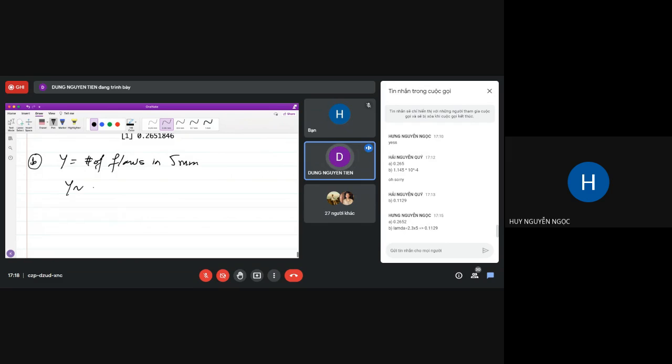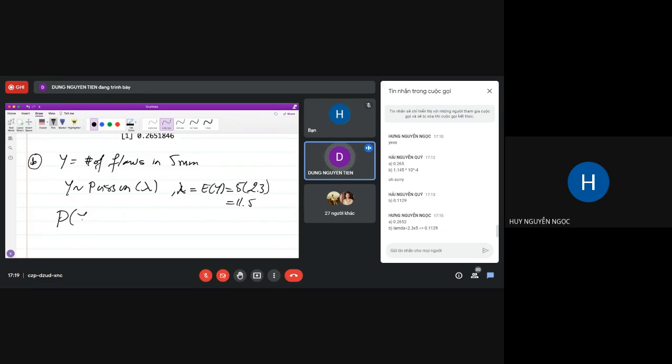Then Y follows a Poisson distribution with the parameter lambda, where lambda is the mean of Y. In 1 millimeter of wire, you observe 2.3 flaws. In 5 millimeters of wire, you expect 5 times 2.3, and you get 11.5 flaws.